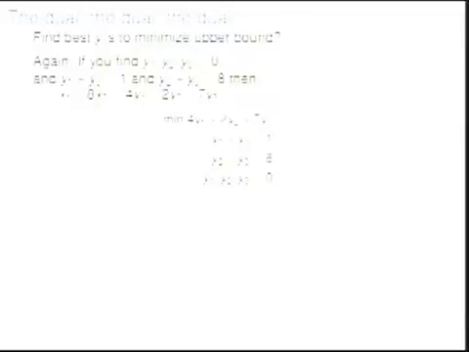So we started with the linear program, and we said, okay, let's try to find the maximum solution. Here's another linear program, and it provides an upper bound on the maximum solution. So these two linear programs are very related, right?